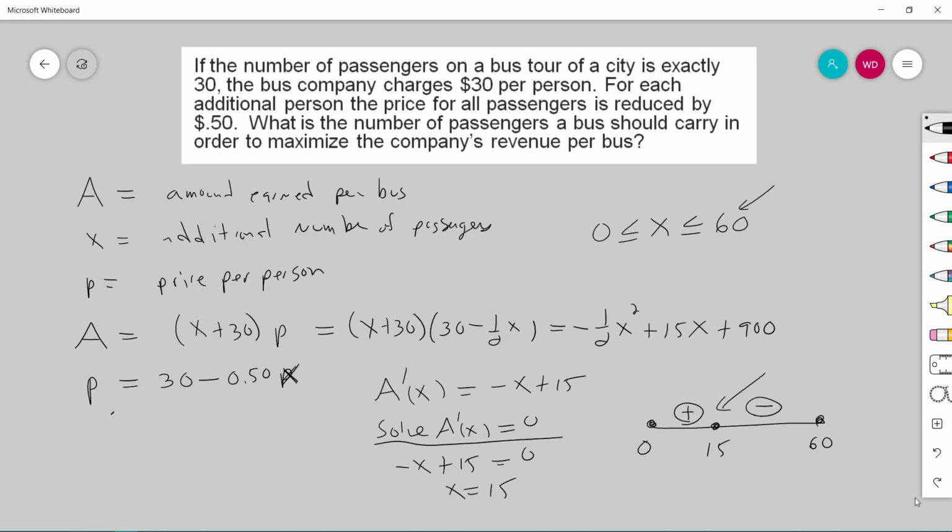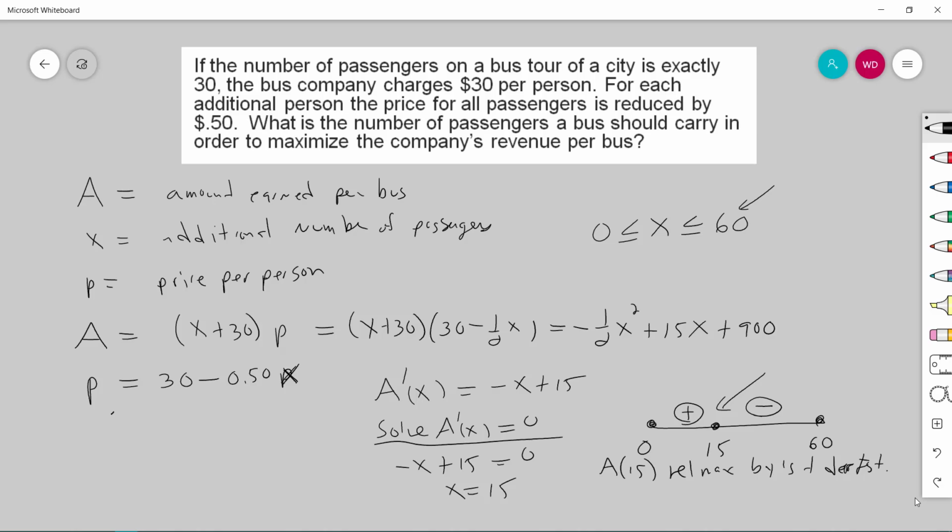But while this is indeed a relative max by the first derivative test, I also notice that the function is always increasing as X increases over the interval from 0 to 15 and always decreases after it.